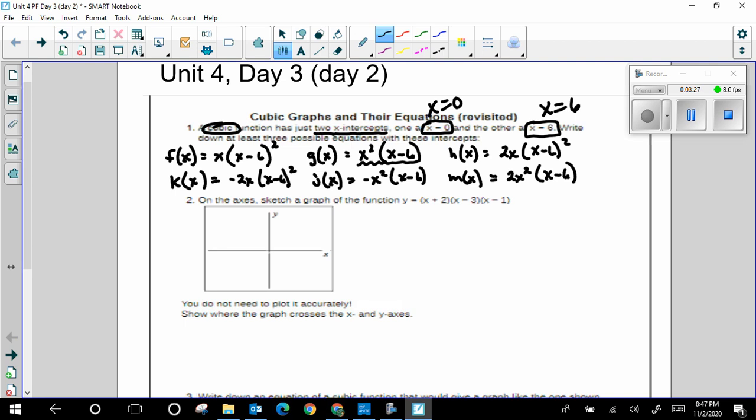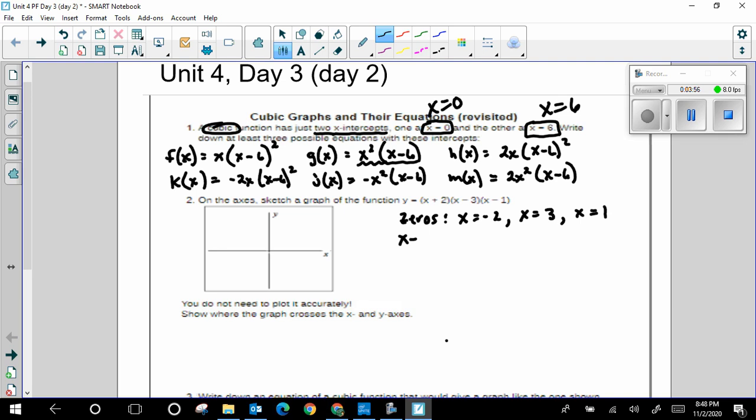All right, so on the axis, we need to sketch a graph of y equals x plus 2 times x minus 3 times x minus 1. Okay, so I know I have zeros or x-intercepts at x equals negative 2 for the first factor, x equals 3, and x equals 1.